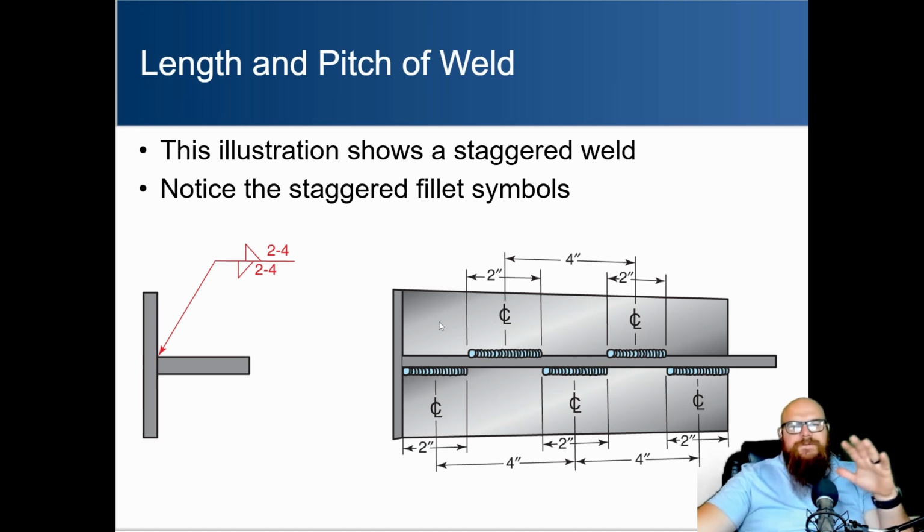So rather than using a very, very complicated drawing like this for a very simple part, you can actually do something that looks like this, use that weld symbol, and this is going to indicate what that's going to look like. And that's one of the big advantages of using welding symbols, is that you can simplify the drawings, and as long as you know how to read them, you can accomplish something that looks like this without actually giving you all that detail.